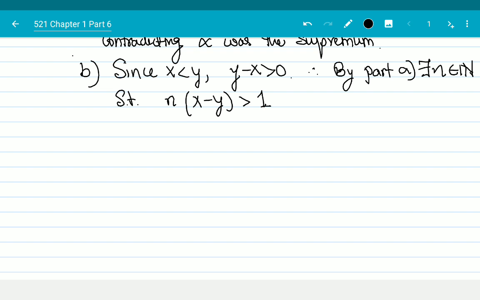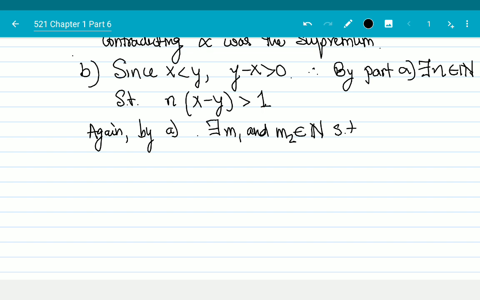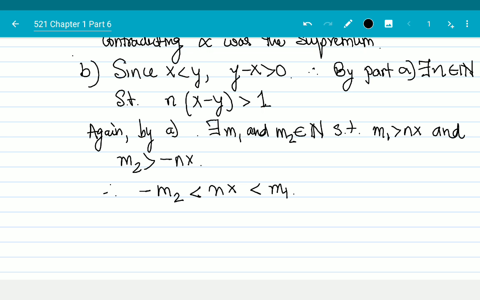Once again applying part A, I have that there exist m1 and m2 belonging to N such that m1 is greater than nx and m2 is greater than negative nx. Therefore, negative m2 is strictly smaller than nx, which is strictly smaller than m1.